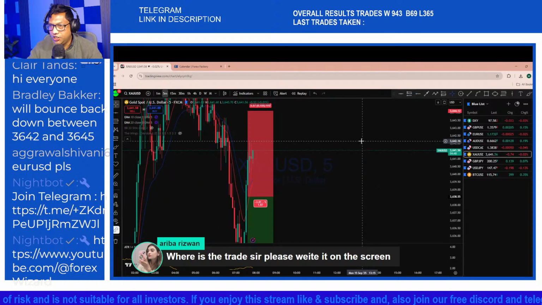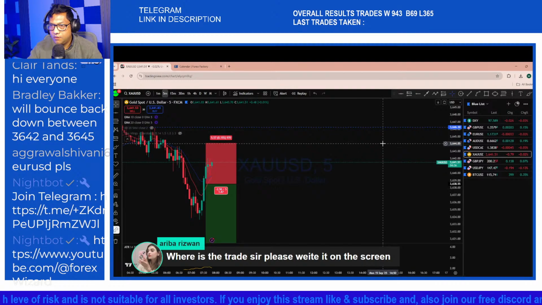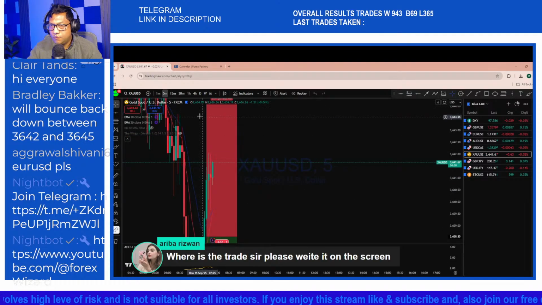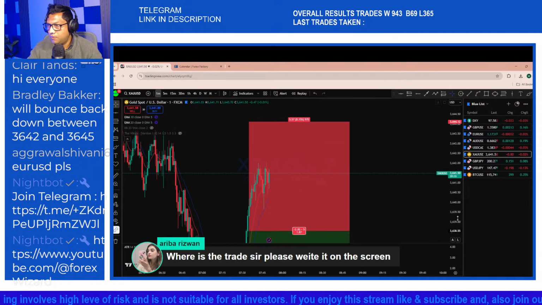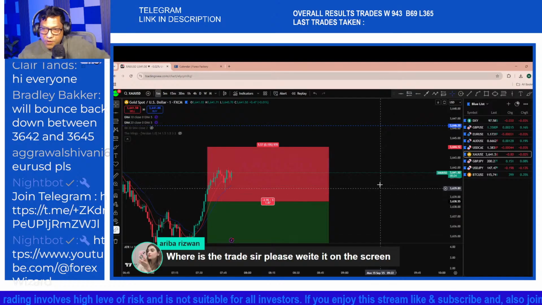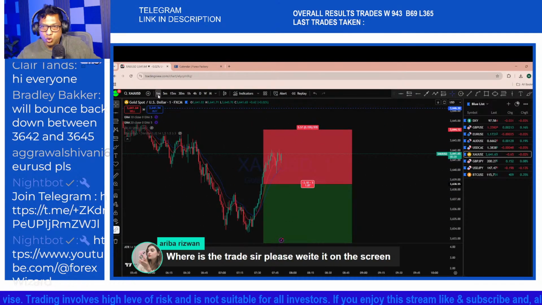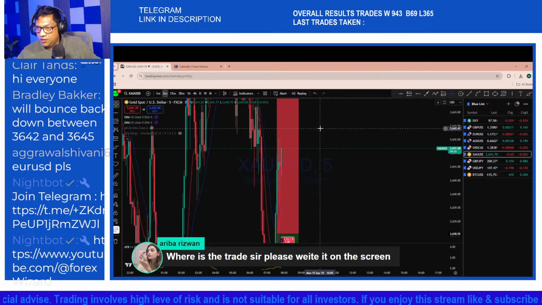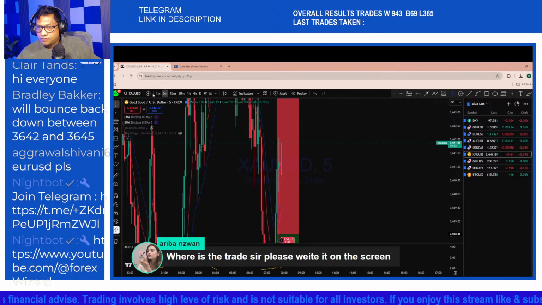There's another doji. Here, in the price action we are looking at in this area, we are expecting the market to possibly trend to this key level that we are looking at on the lower time frame.